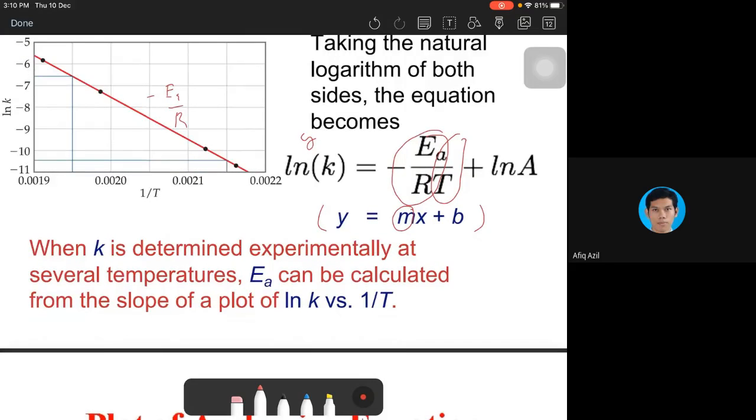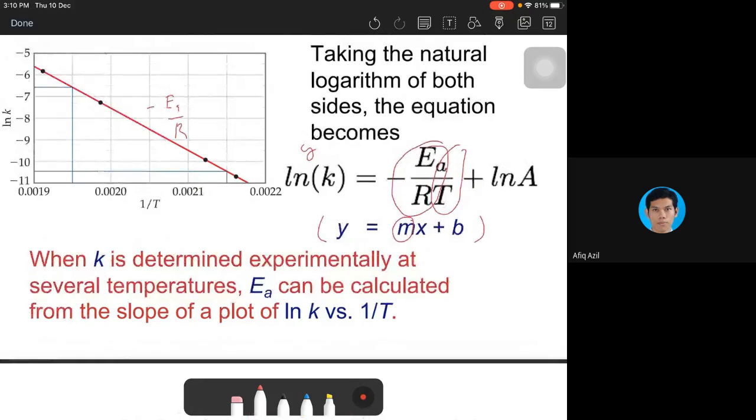But before you can plot this graph, the value of k has to be obtained earlier. So meaning that you have to do the experiment a few times, first by changing the concentration, and then to calculate the Ea, you have to do it at different temperatures as well, in order to obtain the value of activation energy.